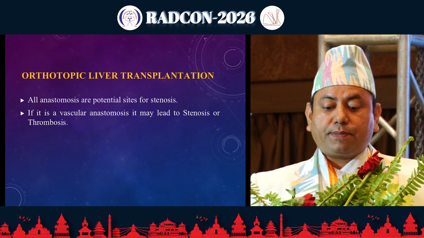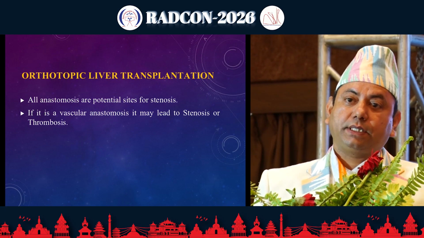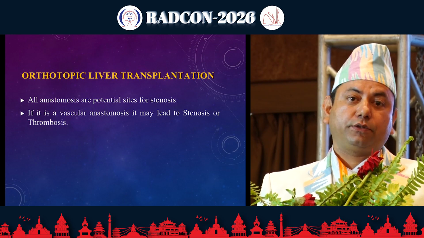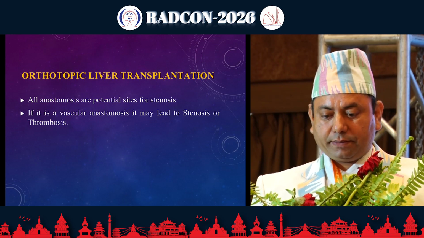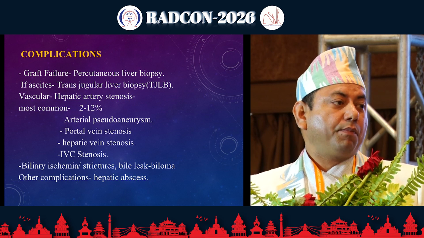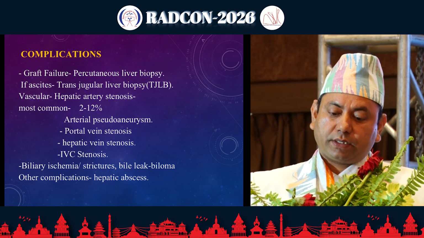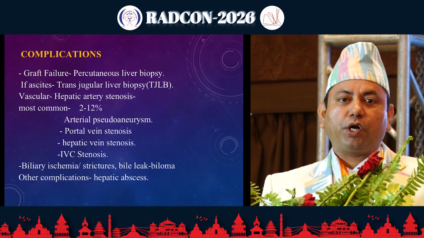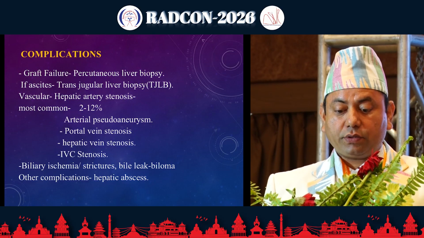In orthotopic liver transplantation, all anastomoses are potential sites for stenosis. If it's a vascular anastomosis, it may lead to stenosis or thrombosis. So what are the complications that usually present to us? Graft failure: we can do a percutaneous liver biopsy and diagnose.